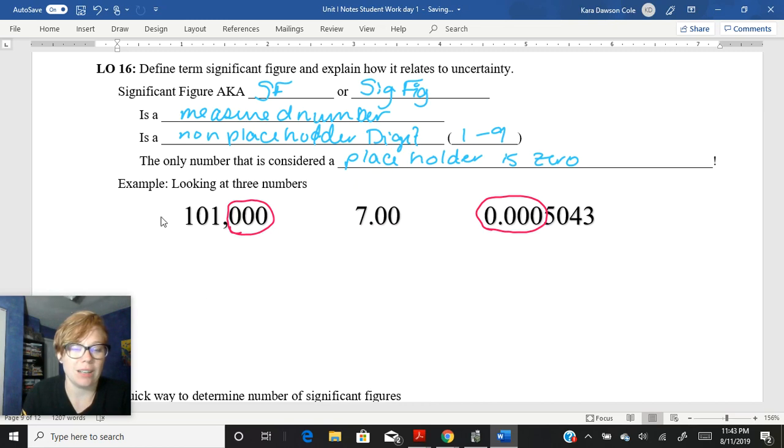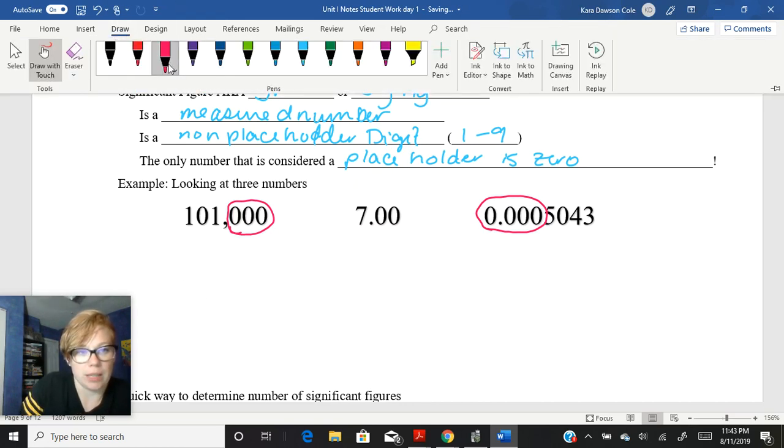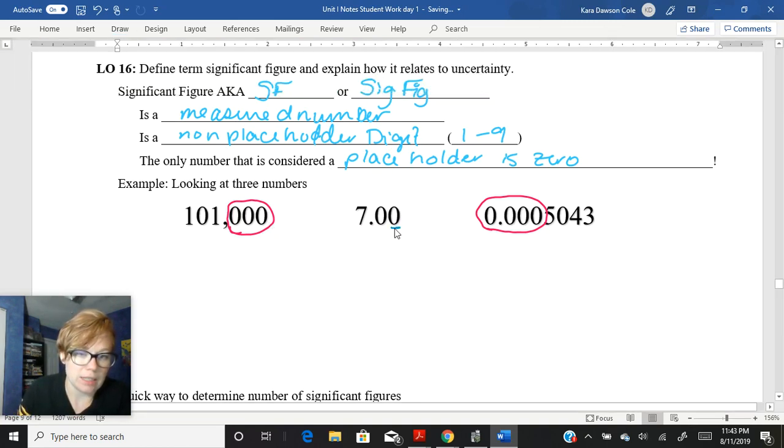So now you kind of have to go back to that whole tick mark thing, because we want to look at these numbers a little bit more. Okay, so if I look at this last digit that I wrote right here, that would be considered my guesstimate.